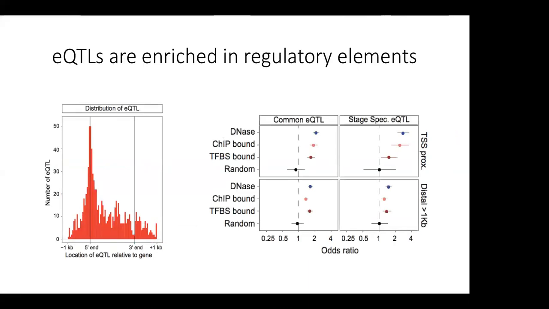And this is what Dermot did, another PhD in the lab: he calculated the enrichment in different regulatory elements defined by DNase-Seq, ChIP-Seq, or simply a transcription factor binding site that is bound in ChIP-Seq. And what we see is that there is an enrichment for both tissue-specific or stage-specific and common eQTLs.